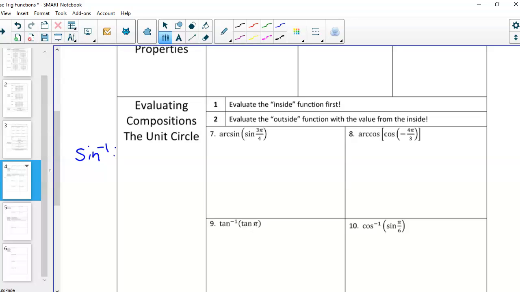So the inverse range for sine is negative pi over 2 to pi over 2. Cosine is 0 to pi. Tangent is negative pi over 2 to pi over 2, but not included. These are the ranges.